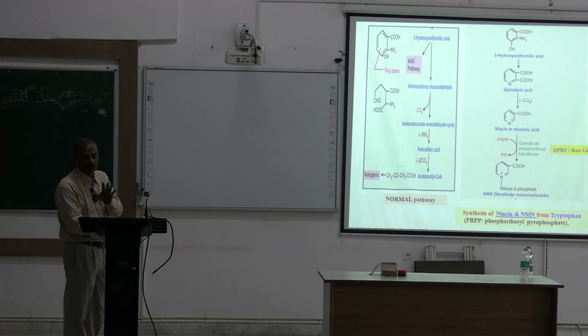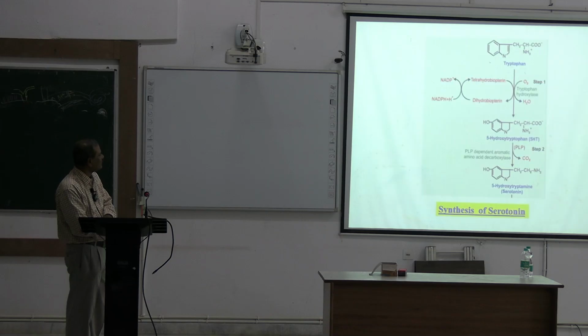These are the points you note down, the rest you just read from the book. These are highlighting points. So synthesis of serotonin is from tryptophan through 5-hydroxytryptamine.